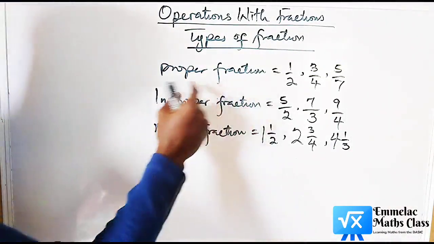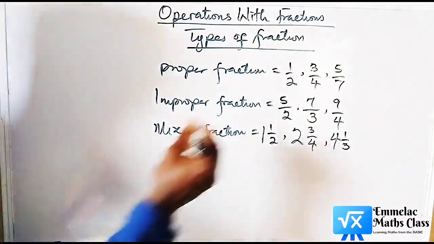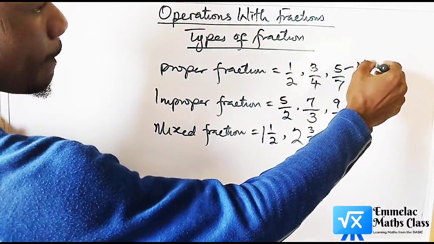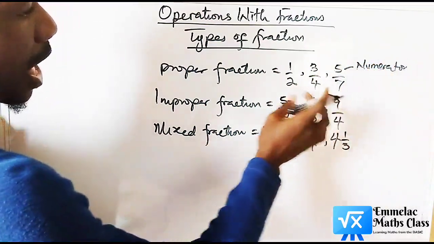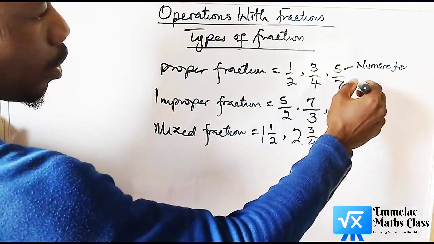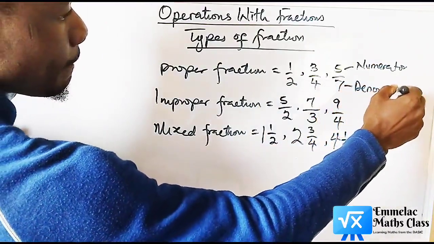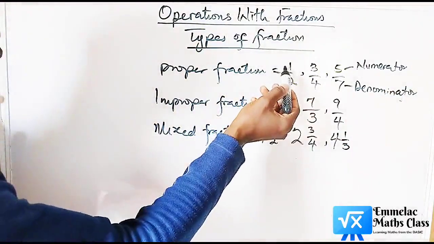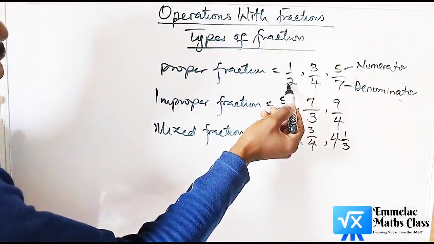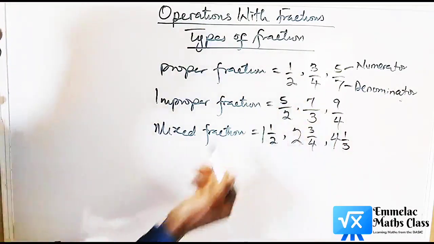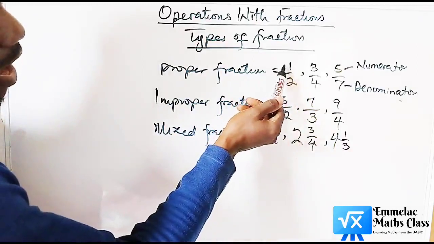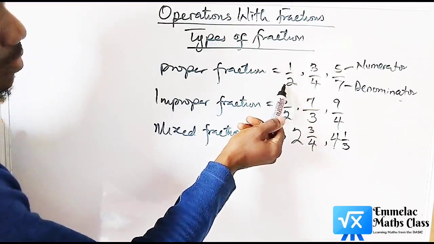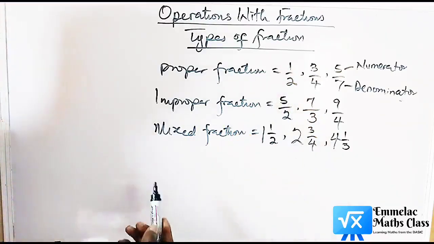All these numbers on top are called the numerator, and the number beneath is called the denominator. When the numerator is lesser than the denominator, it is called a proper fraction.